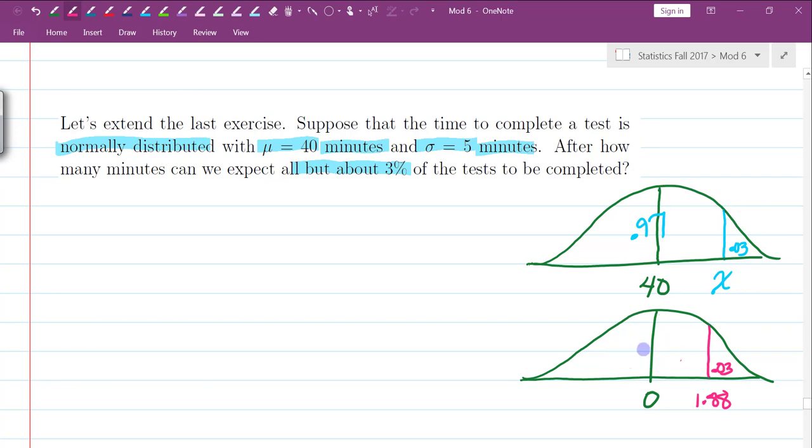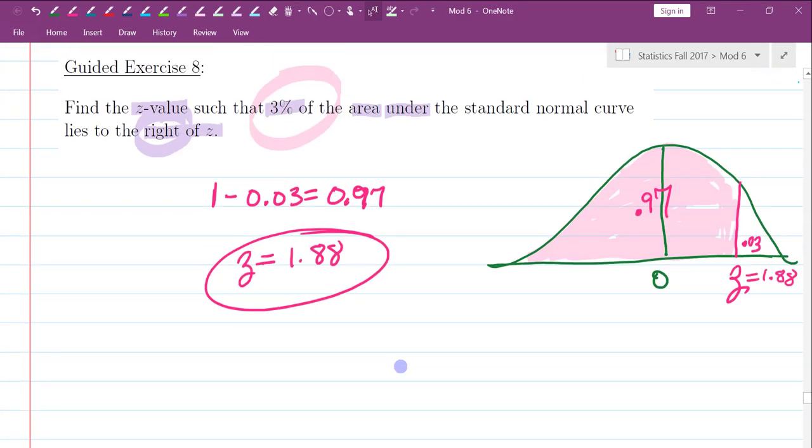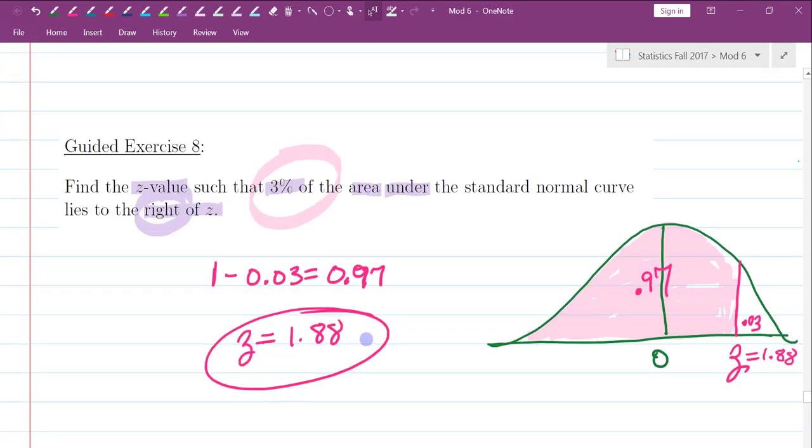So 97% of the students will have completed the exam, but 3% will not have completed the exam. That's what this picture represents. I'm just going to scroll up to remind you that we did find that it was 1.88. So this is the problem we're in reference to. Pause the video if you need to look at it a little longer.